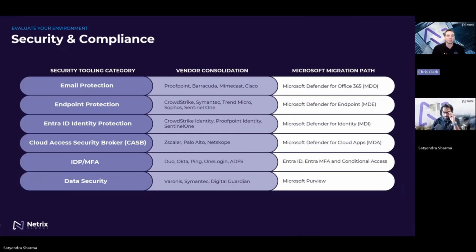So one of the key areas here, not only the direct cost takeout of the vendor consolidation, if you have third-party tooling, is looking at things like how would you do incident response across all these tools, right? Is there synergy with the tools with different signals coming from various areas like email protection, endpoint protection, identity, even CASB capabilities?